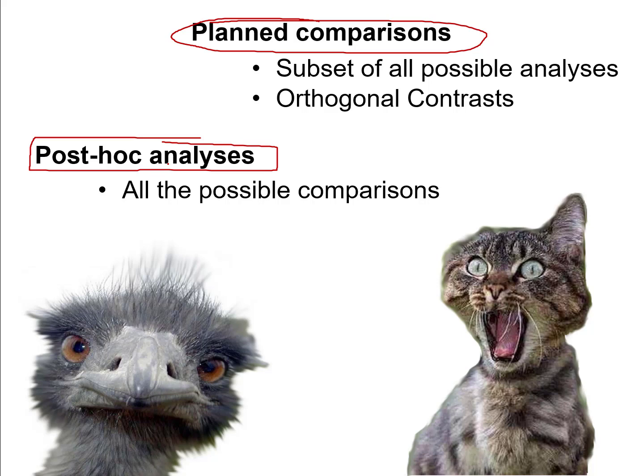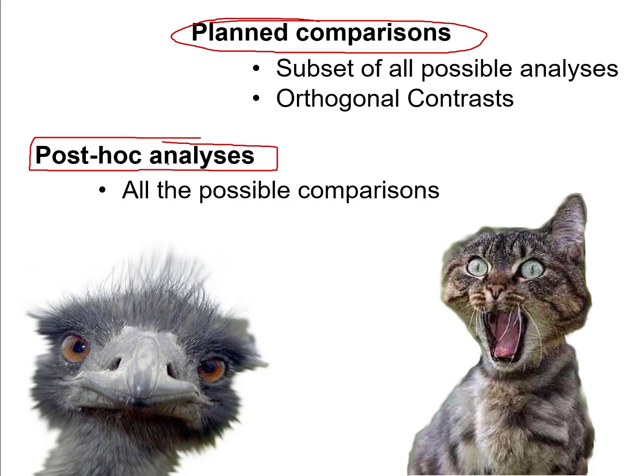In the previous section, we talked about making orthogonal contrasts, and when we make orthogonal contrasts, we are doing planned comparisons. When we do orthogonal contrasts, we have to follow a set of rules that limit the type of contrast that we can make.